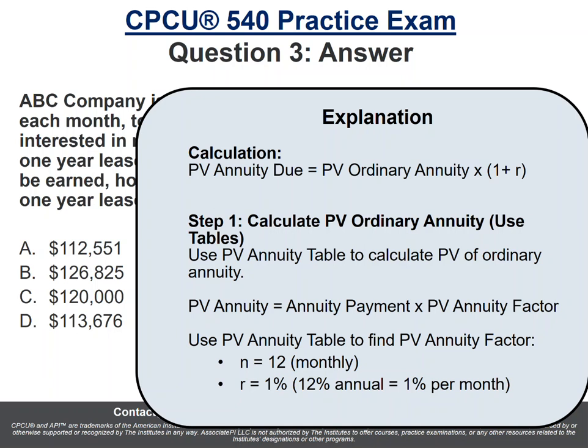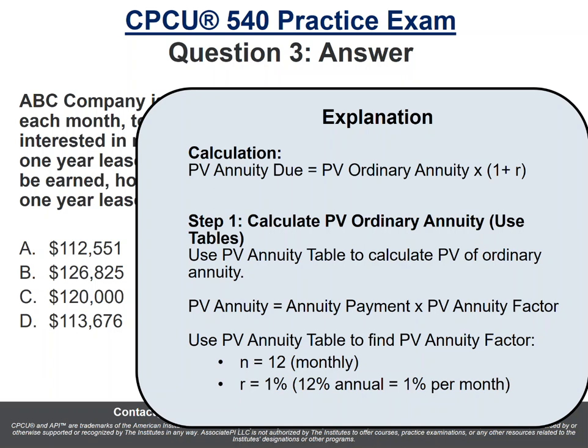Step 1, calculate the present value of an ordinary annuity. To calculate the present value of an annuity, the formula is annuity payment times the present value annuity factor. So we have to use the present value annuity table to find the present value annuity factor. And here's the tricky part. This is something that a lot of students miss, and it'll get you the totally wrong answer if you miss this.